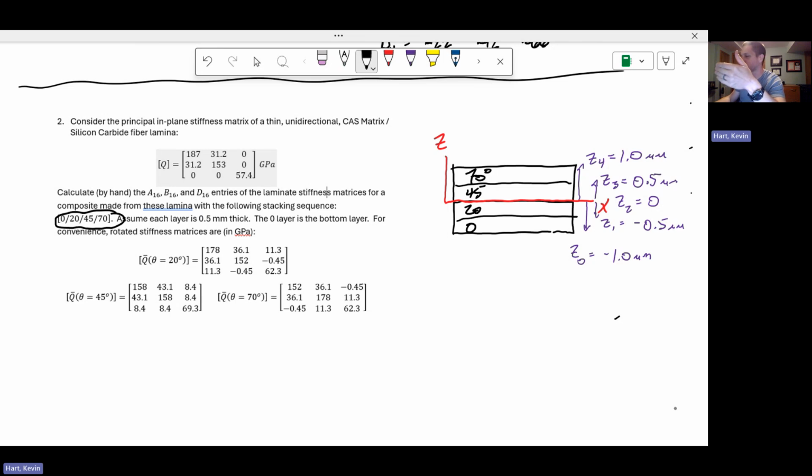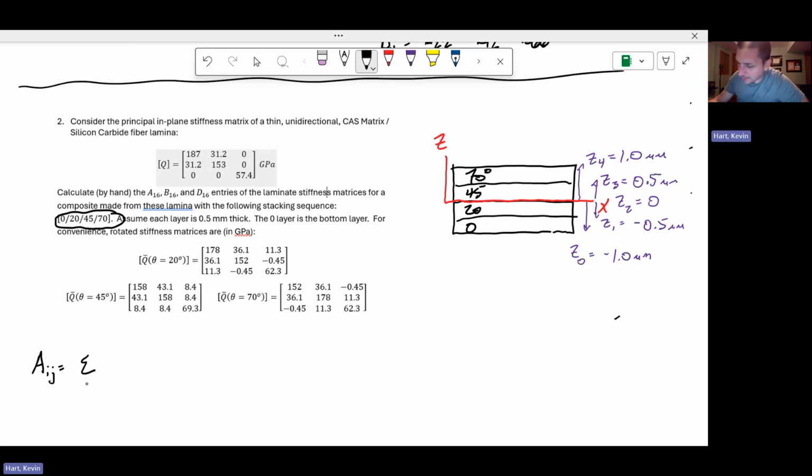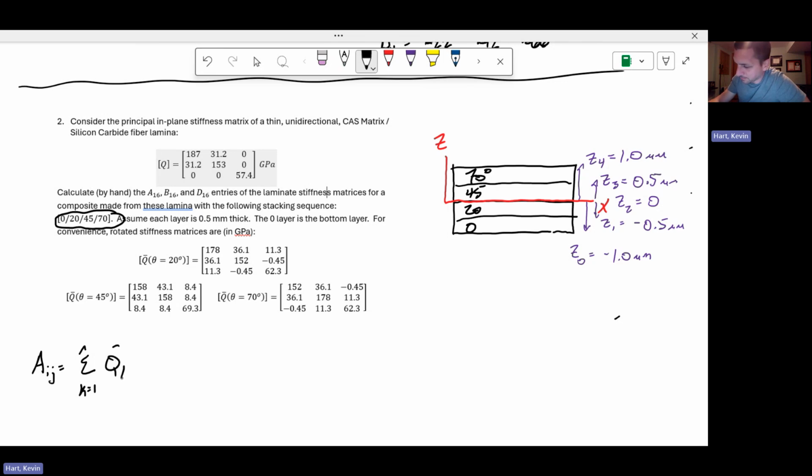Now that we've made our sketch and shown what the laminate looks like from the side, let's do our ABD calculations. Generally, the calculation for Aij is the summation from k equals 1 to N, where k is the layer number, of Q bar k times (zk minus zk-1). We don't need to do the full A matrix.